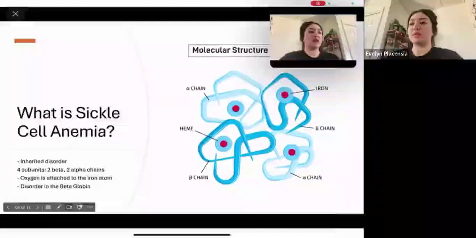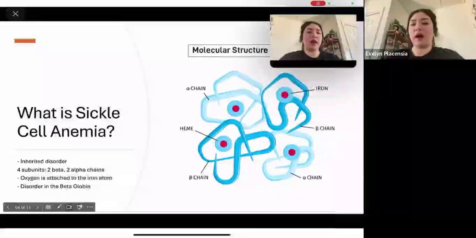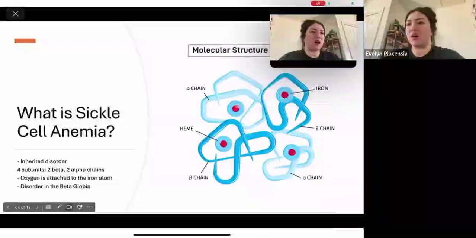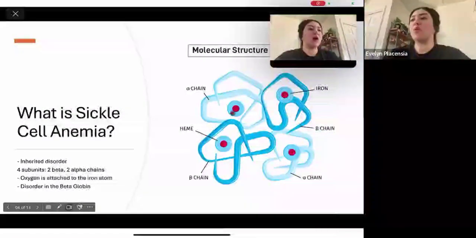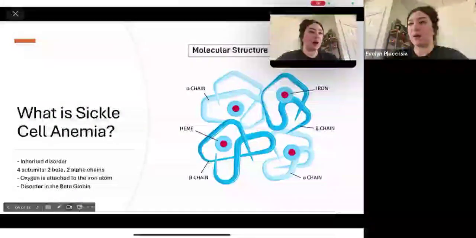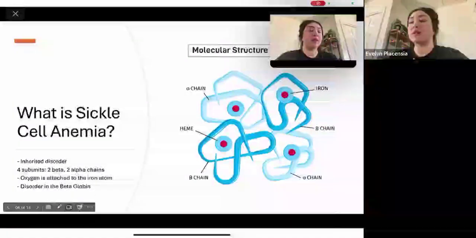Each of those chains, regardless of whether it's alpha or beta, has a heme group. It's going to be this circular structure here. Within the heme group is where we find the iron atom. This is the binding site.